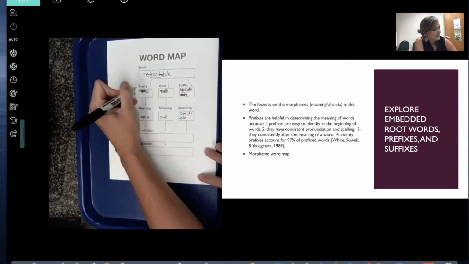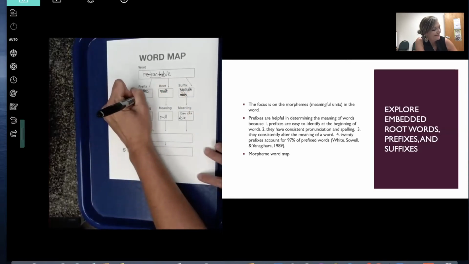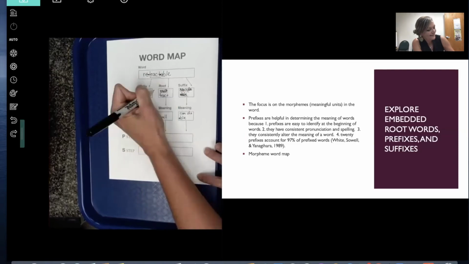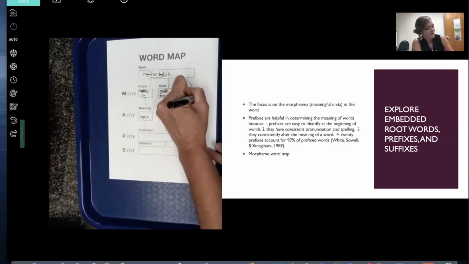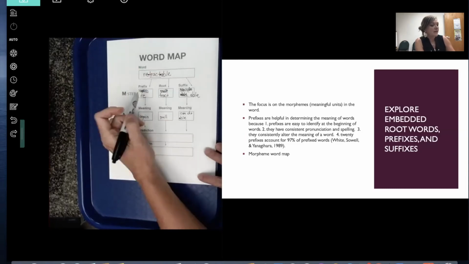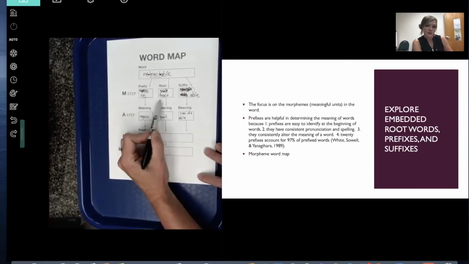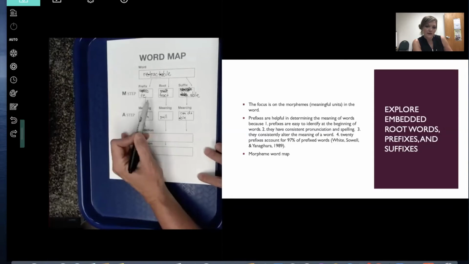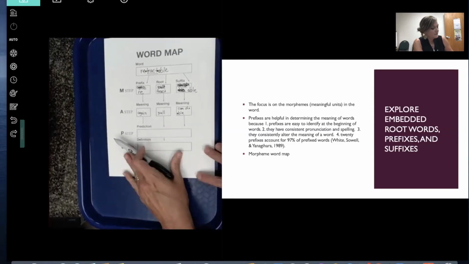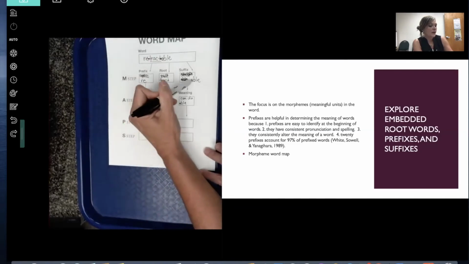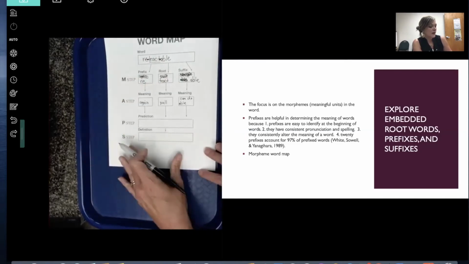I got ahead of myself. Okay, so you separate it up here, and then that way, again, it's not with my mess marked out, but it's a clear visual for them that they could really see the word broken apart into each of those morphemes. And then re means again, tract means to pull, and able means can do or able.